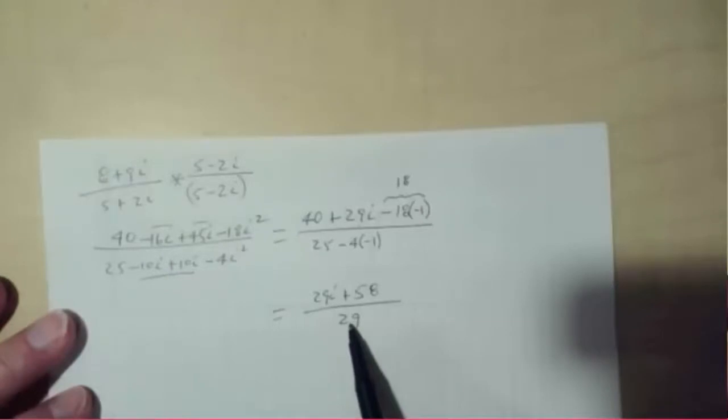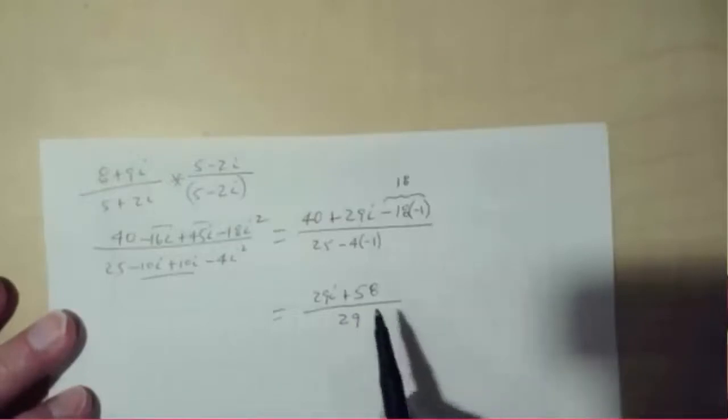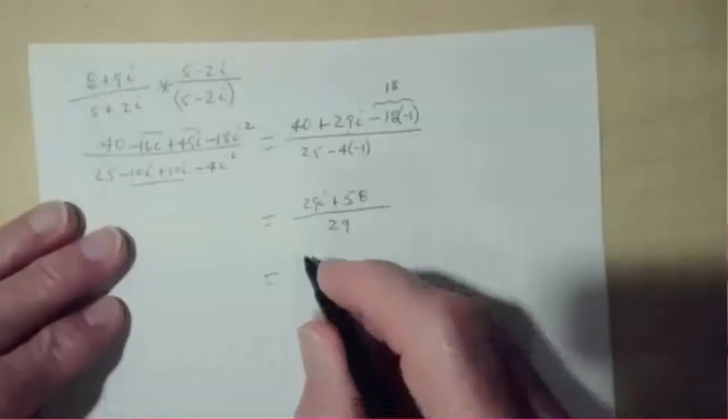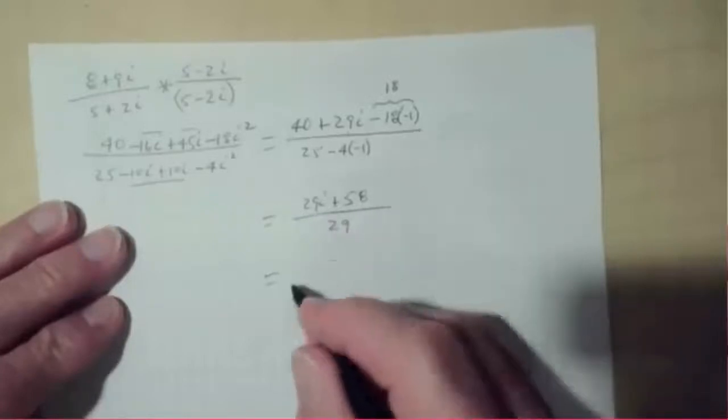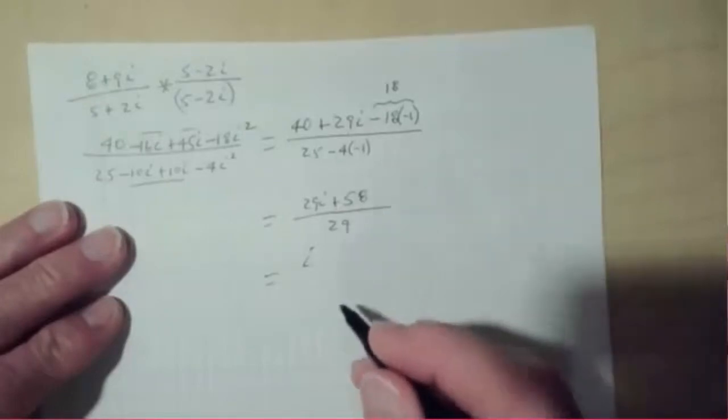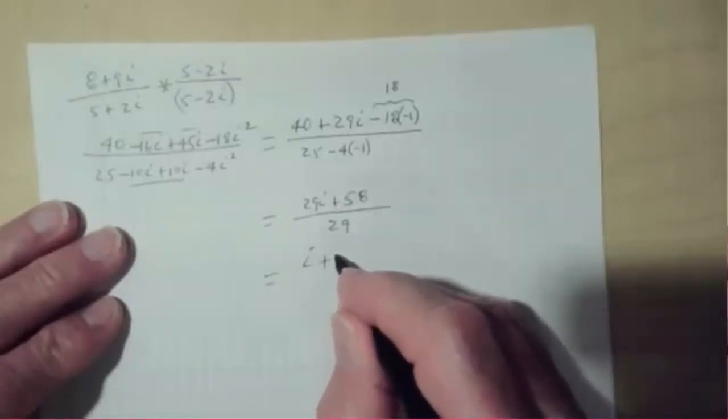Now remember, when you have two separate terms here, you have to be able to divide by something in the denominator that will go into both of them evenly, not just one.